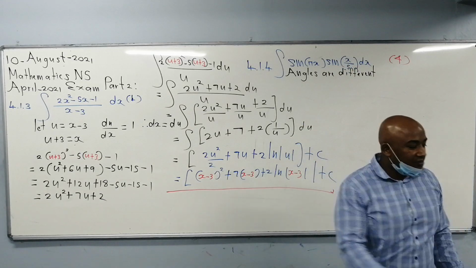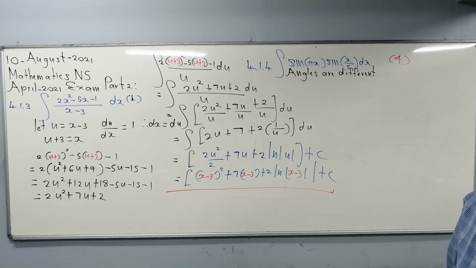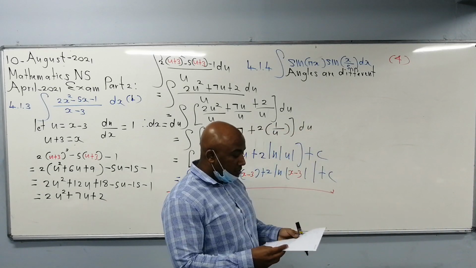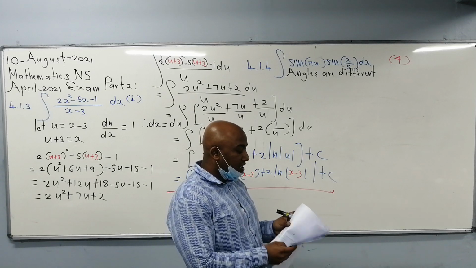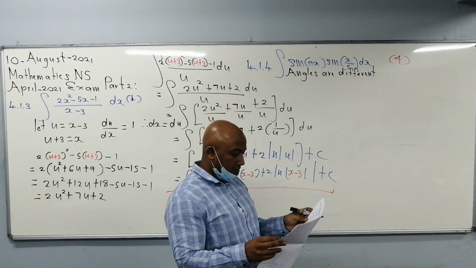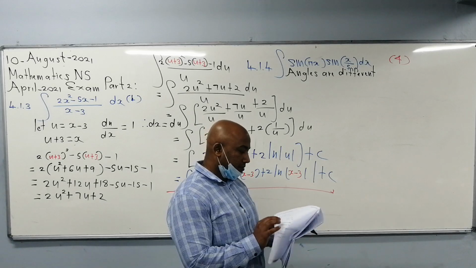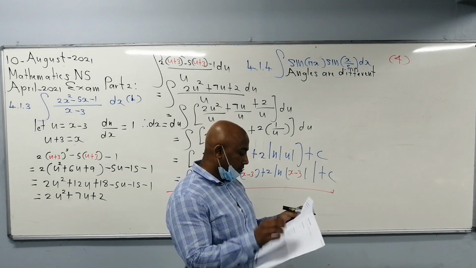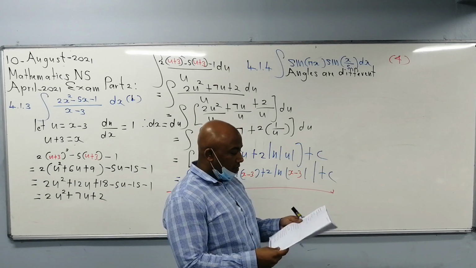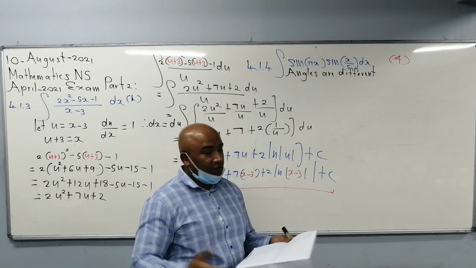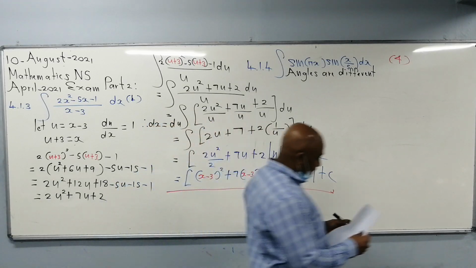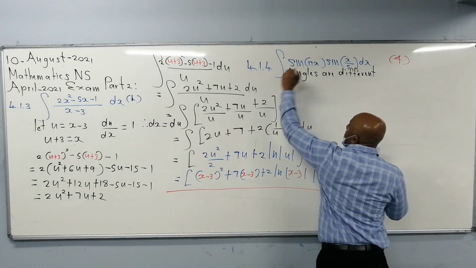If the angles are different, maybe use the formula sheet, then you will go to page 1 of the formula sheet under trigonometry. Page 1 has all the formulas under trigonometry. We need to use the formula for this one.